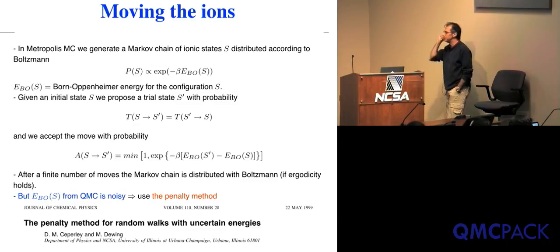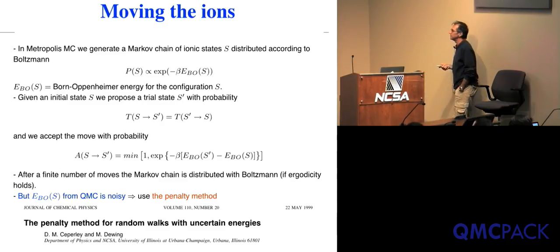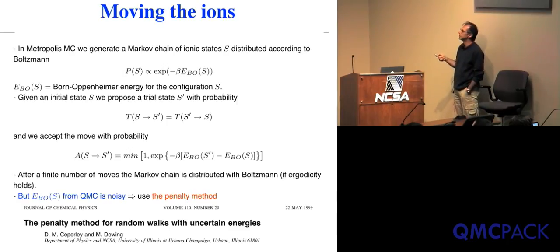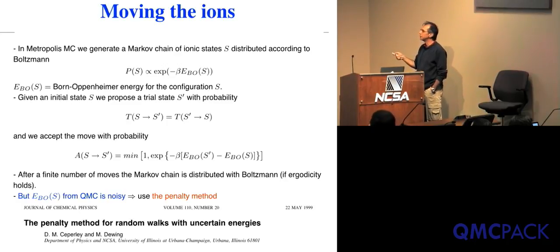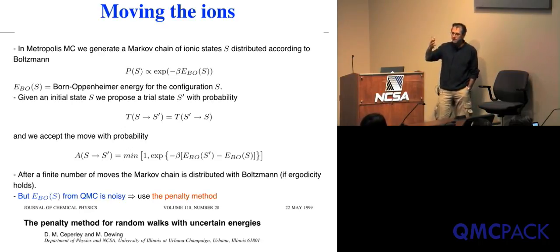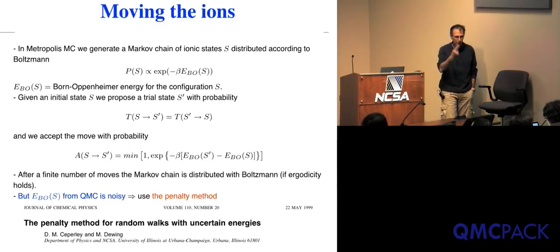That's why we need to compute the energy difference. Now, you can prove, as David explained the first day, that if your transition rule is ergodic, after a finite number of Markov steps, your chain is sampling this distribution. This is the limiting distribution, which corresponds to the eigenvalue equal to 1 of the transition probability.